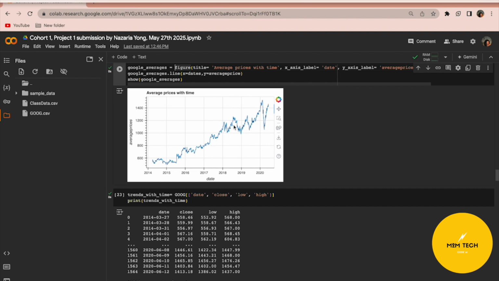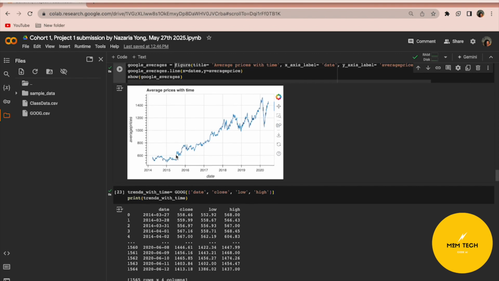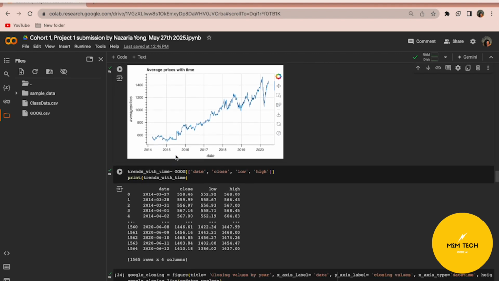There's fluctuations, so the prices drop sometimes, but they go back right up. And up to 2020, there was a drastic drop in the value of the stock, and this can be explained by the pandemic. But however, there was a sharp increase right after the pandemic. I'm going to say more about this at the end.